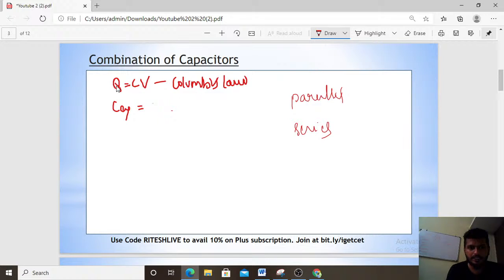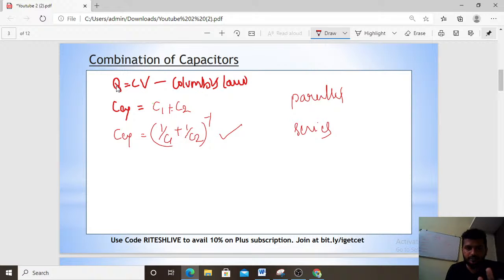When it is parallel, C equivalent is C1 plus C2. Similarly, when it is in series, C equivalent will be 1 by C1 plus 1 by C2, whole inverse. So this is the equation for capacitors.